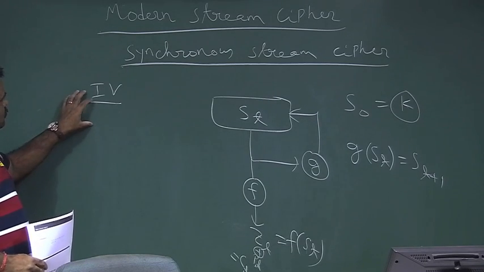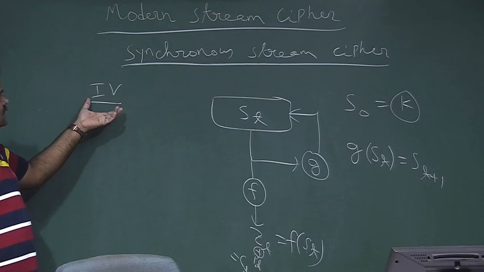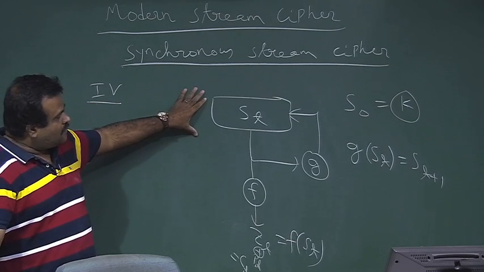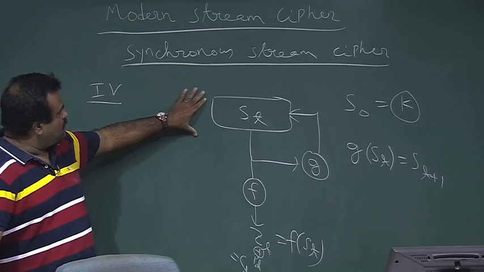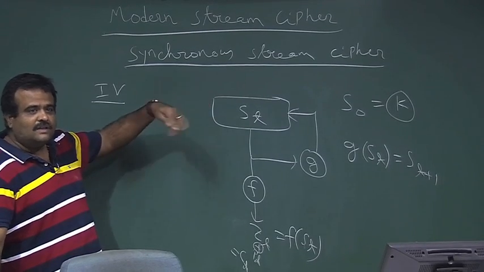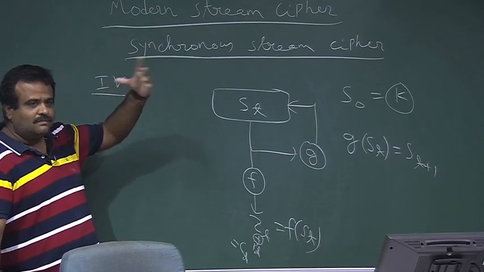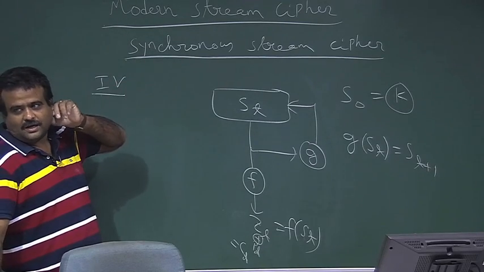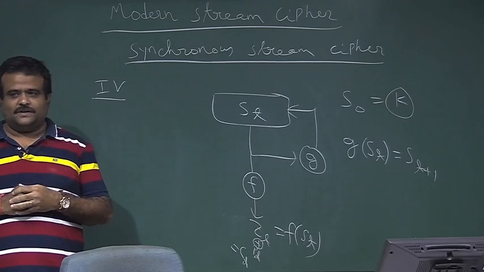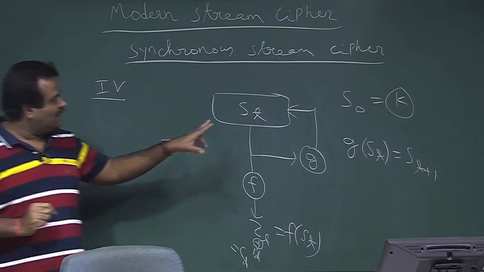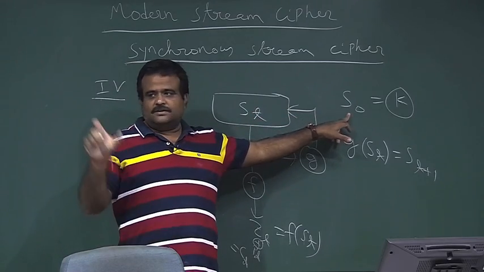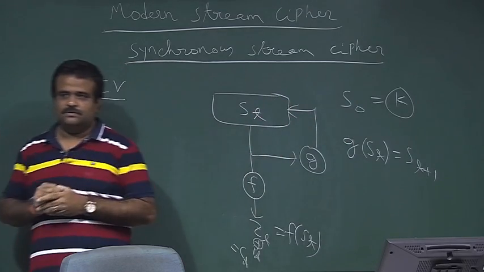We take the initialization vector and put it as a part of the key, the secret key. We use this to initialize the state, and then we run the key stream for some clocking, and finally we get the initial state of the LFSR. Is this clear? Earlier, the initial state of the LFSR was directly the secret key shared between Alice and Bob.